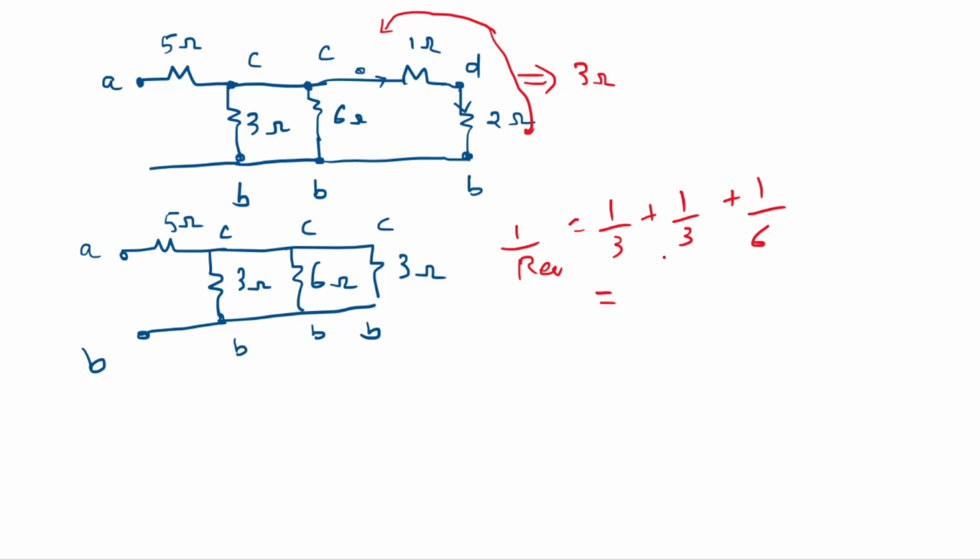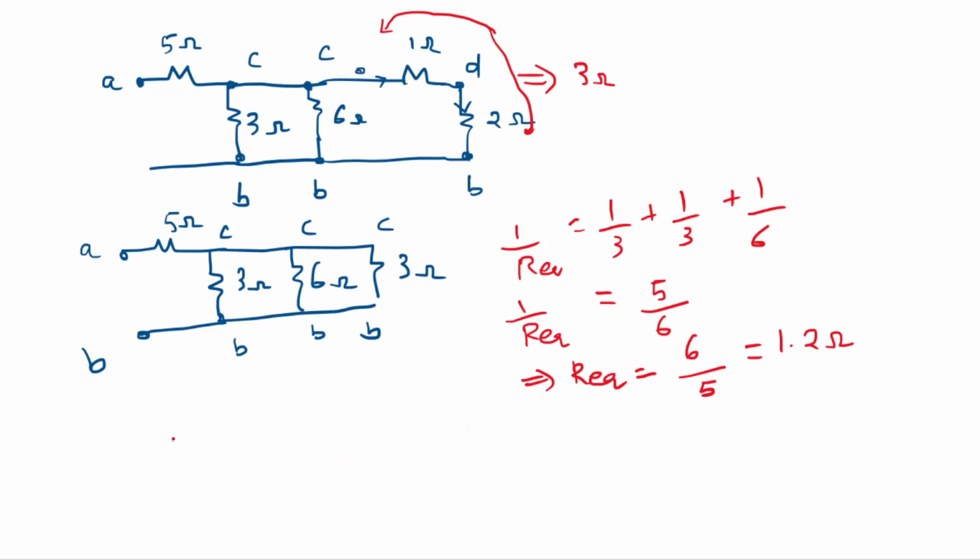LCM is 6, which means 2 plus 2, 4, 4 plus 1, 5. That will be 5 by 6, 1 by R equivalent. And R equivalent will be equal to 6 by 5, which is equal to 1.2 ohms, right?